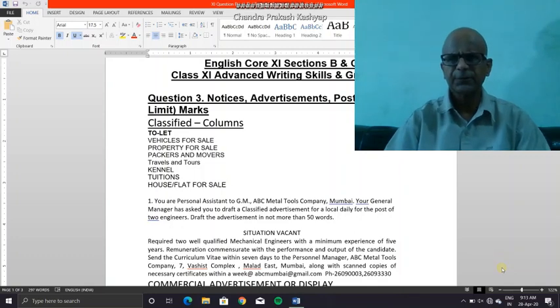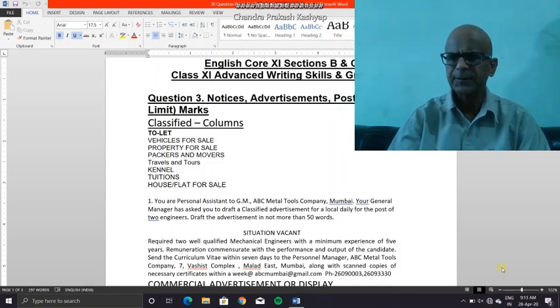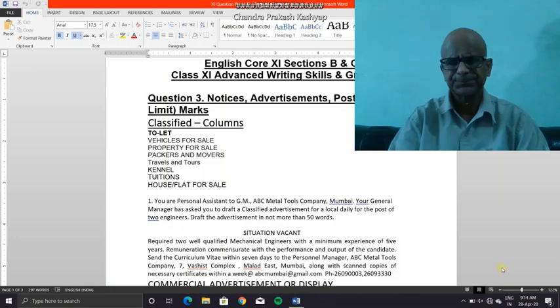What is the significance of the word columns here? You must understand that we use the word columns with reference to the news item printed in a newspaper, because news items, apart from the editorial page, news items, press reports are always in the form of columns. So we say through the esteemed columns of your newspaper.